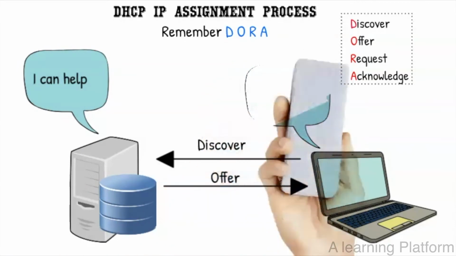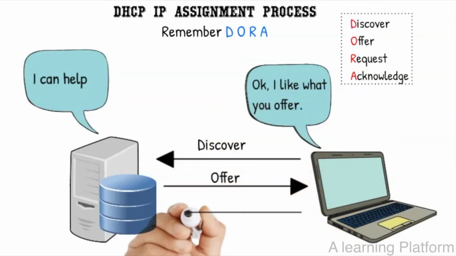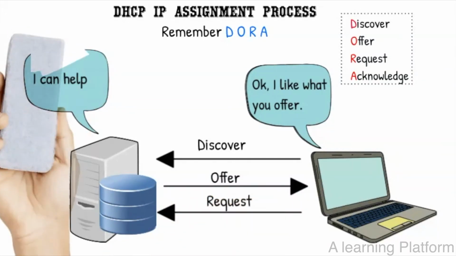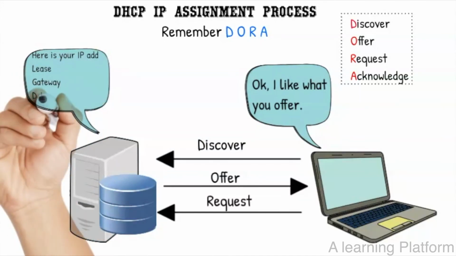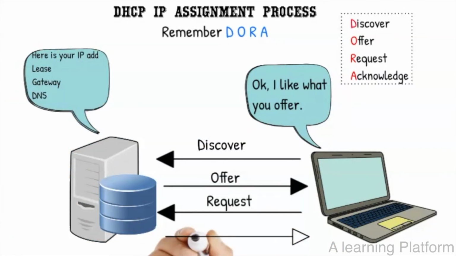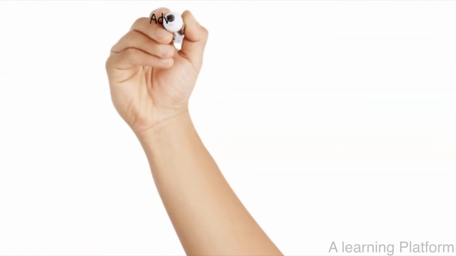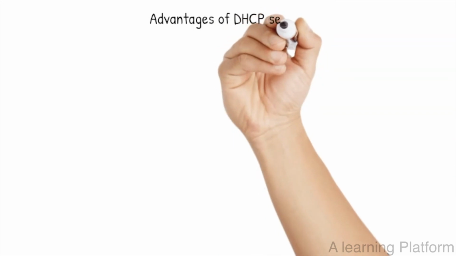The DHCP client accepts the offer and requests an IP address and other configurations. In the final phase, the DHCP server sends a DHCP acknowledgement packet, providing the client with the IP address, lease duration, and other details.